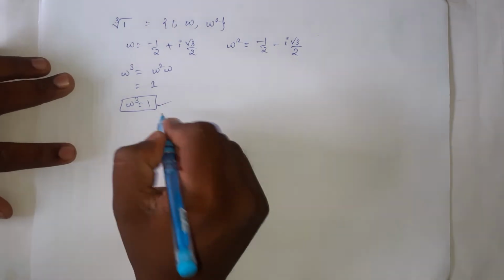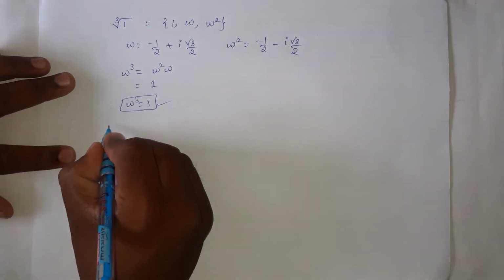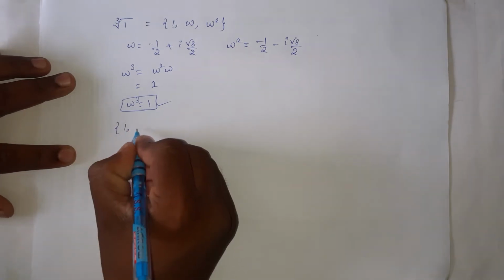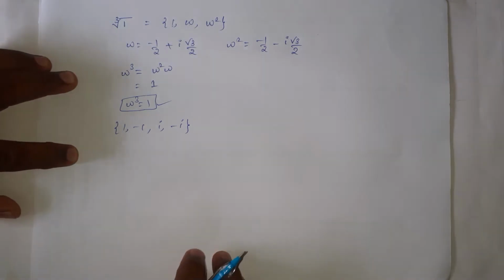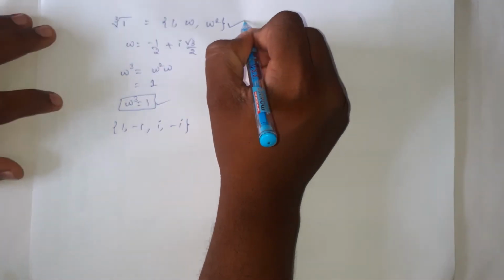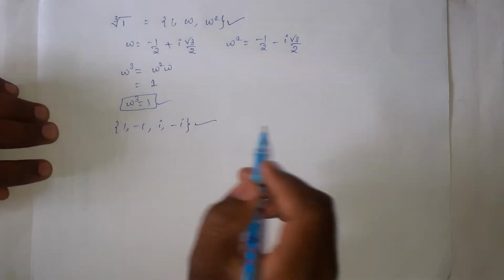So this is the important result. Then fourth roots of unity are given by 1, minus 1, i, minus i. So this set is called the cube roots of unity and this set is the fourth roots of unity.